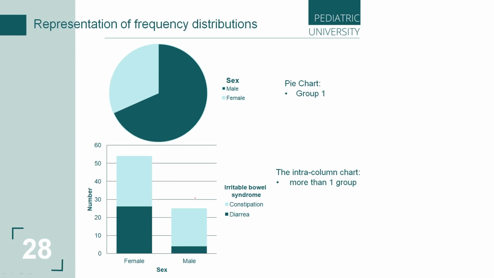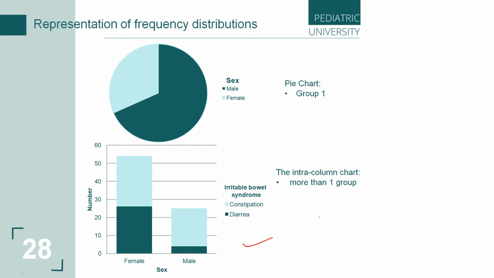Frequency distributions are more conveniently depicted by a pie chart. If we have one group, we can see the distribution by gender, for example, male and female. If there is more than one group, it's better to use an intra-column chart.